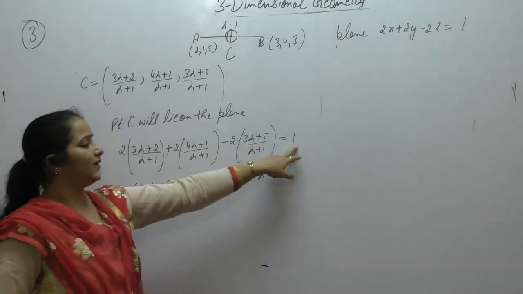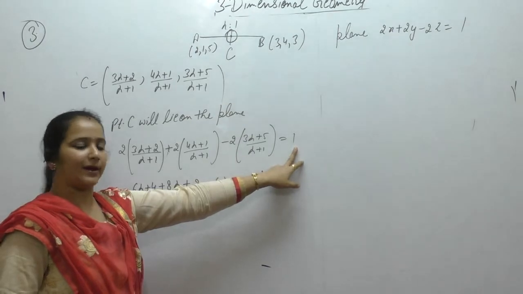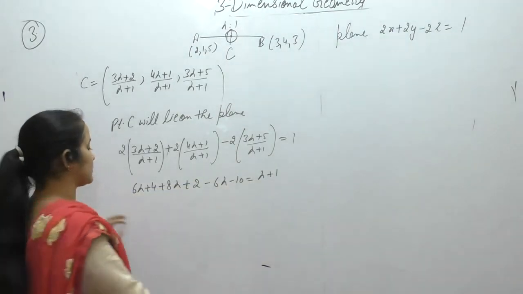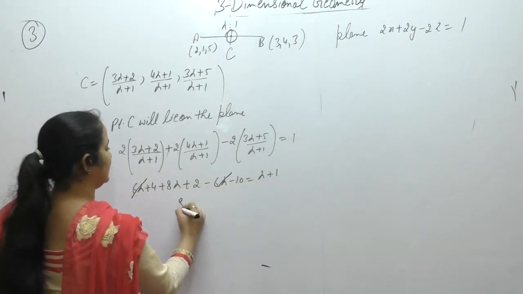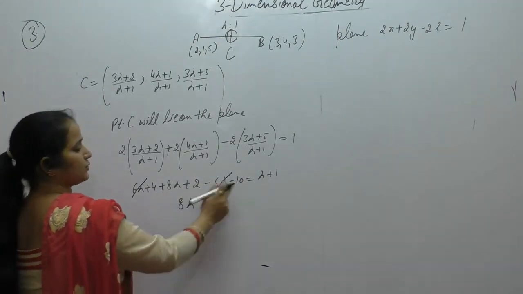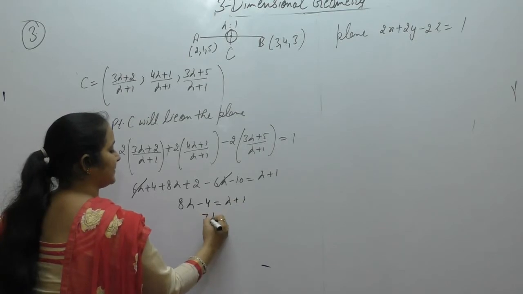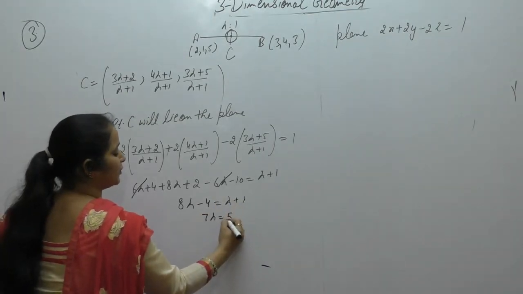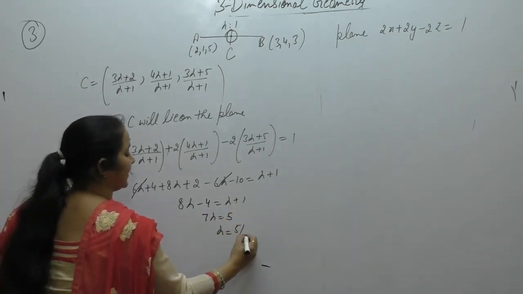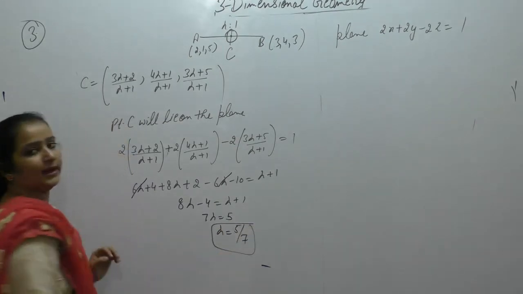Lambda + 1 goes to the right-hand side, multiplied by 1, we get the same term, lambda + 1. 6 lambda cancels, 8 lambda, 4 + 2 = 6, minus 10. 8 lambda minus lambda is 7 lambda, 1 + 4 is 5. So we get the value of lambda as 5/7.